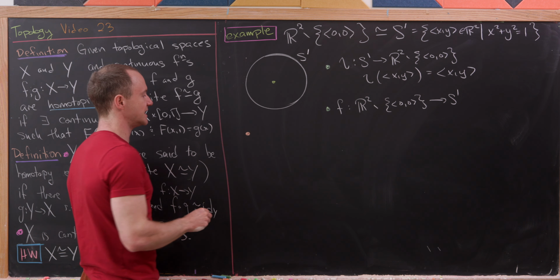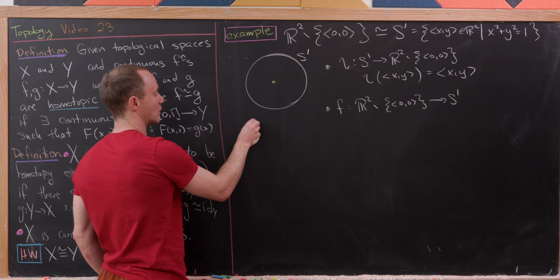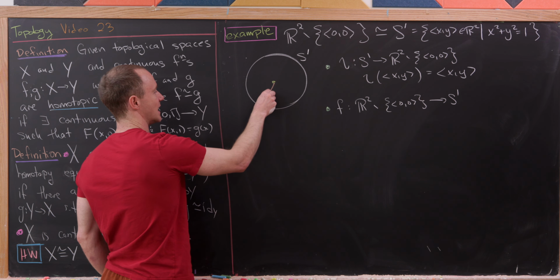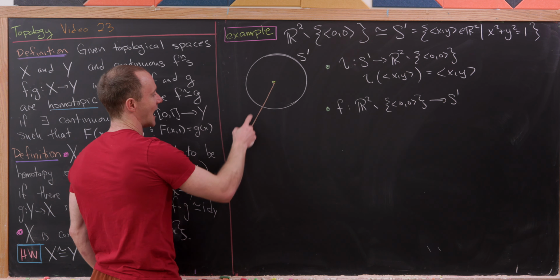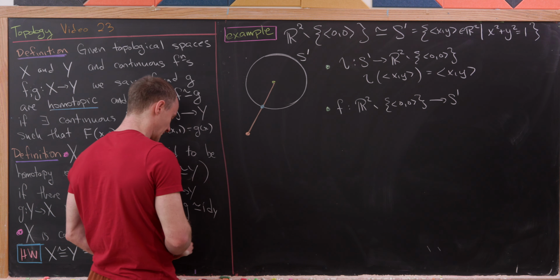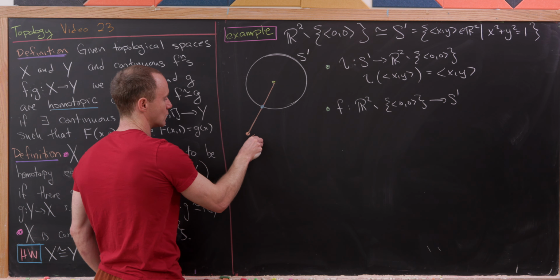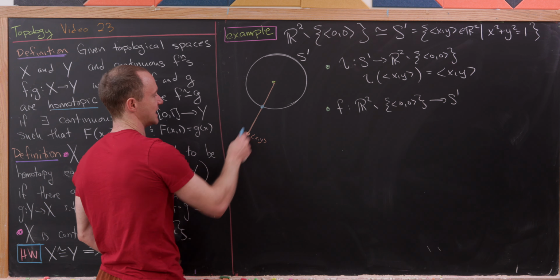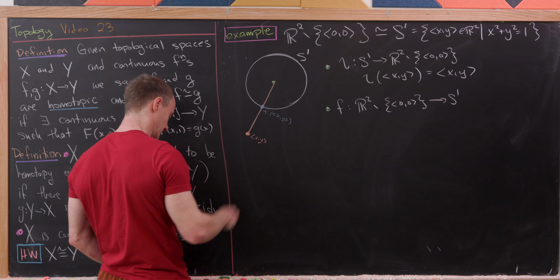And what you do is you connect this point with the origin. The origin's missing, but you can kind of think of it as being there. And then notice that that's going to intersect our circle exactly once, and that's how we're going to define this function. So if this out here is our point (x, y), then this intersection point right here would be our point f of (x, y).